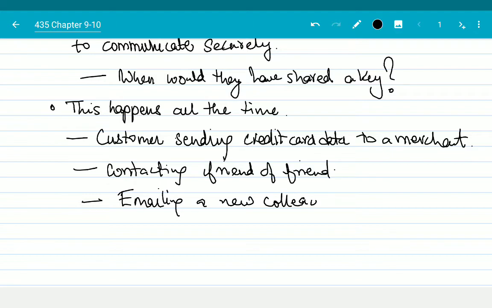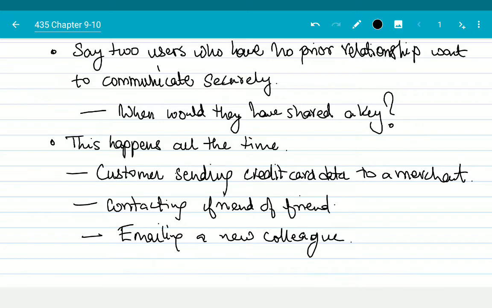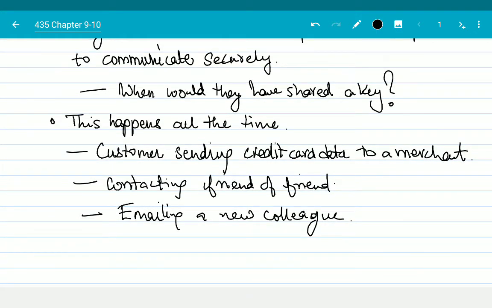In all these circumstances, you might not have shared a key before, right? And so classical cryptography has no solutions to these problems.